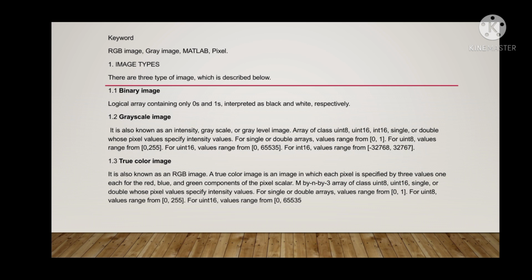Second, grayscale image, also known as intensity image or gray level image: an array of class uint8, uint16, int16, single or double whose pixel values specify intensity values. For single or double arrays, values range from 0 to 1. For uint8, values range from 0 to 255.